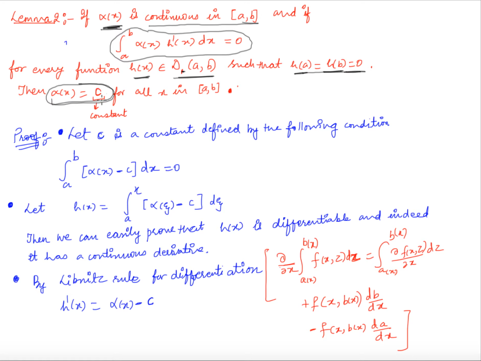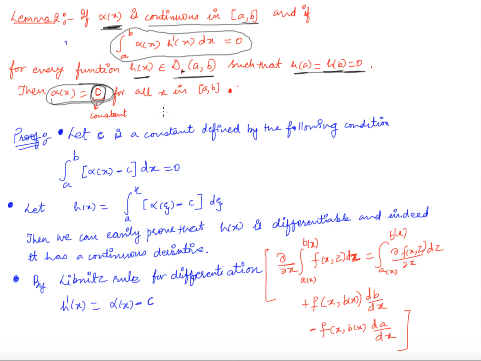We want to prove that alpha x is equal to a constant, and when we prove this lemma we will wisely choose this constant c. I'll just tell you how c is chosen, and as we go further we'll see why we choose this particular c.